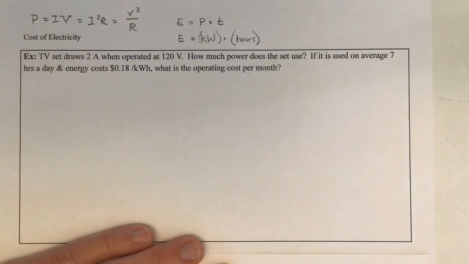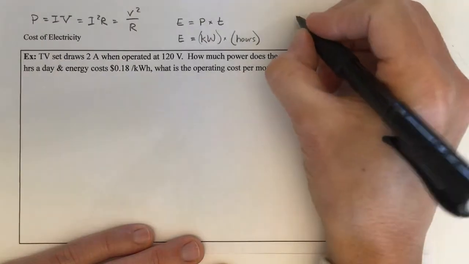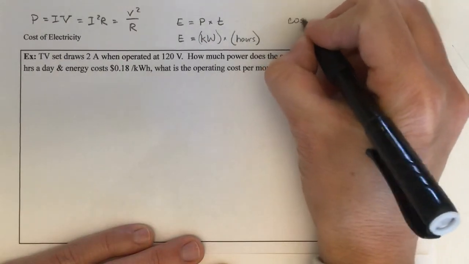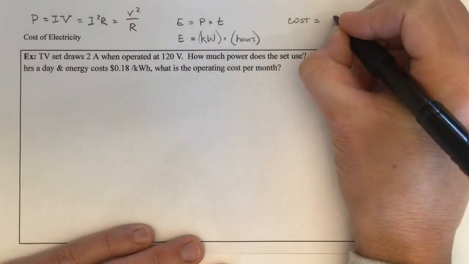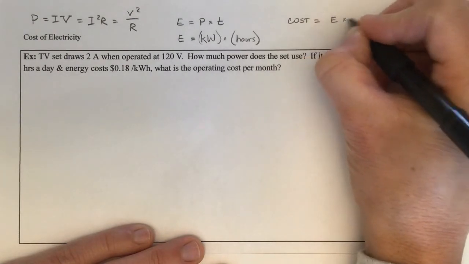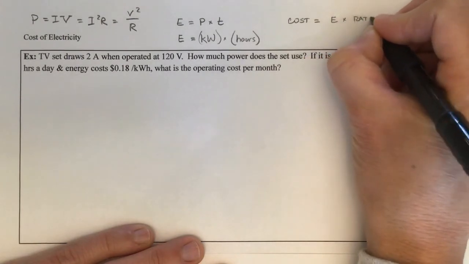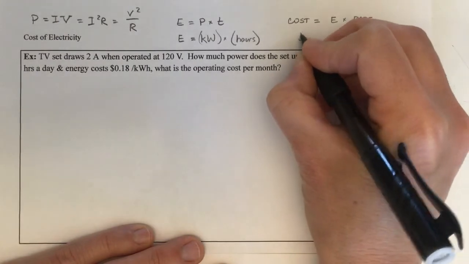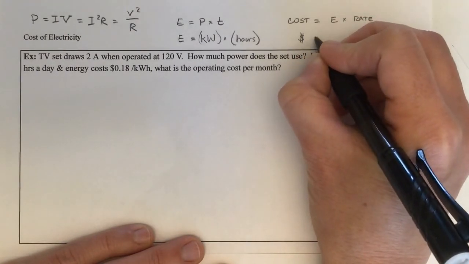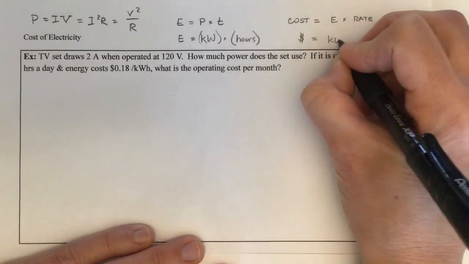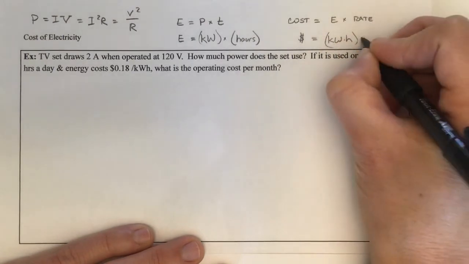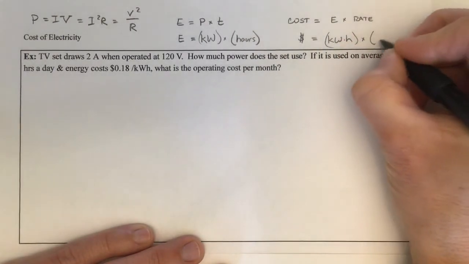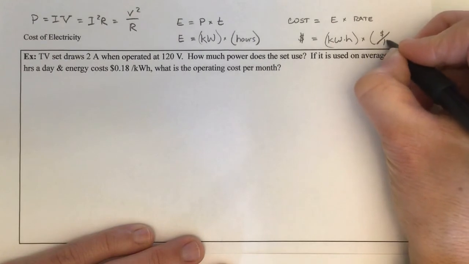And then once we have the energy, our cost is going to be our energy times whatever the rate is. We can think about that as our kilowatt hours times however much per kilowatt hour.